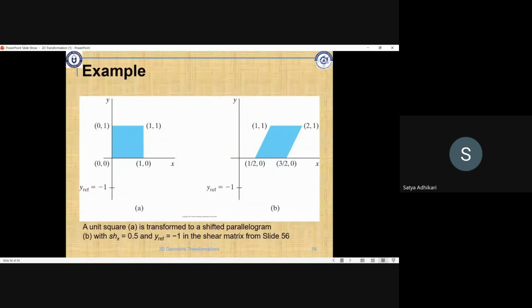You see, this is a good example. A unit square is transformed into a sheared parallelogram with Shx equal to 1 by 2, or 0.5. So if we are multiplying this, and y reference equal to minus 1. You see, y reference equal to minus 1. So the first line, if we produce it, will pass through minus 1.